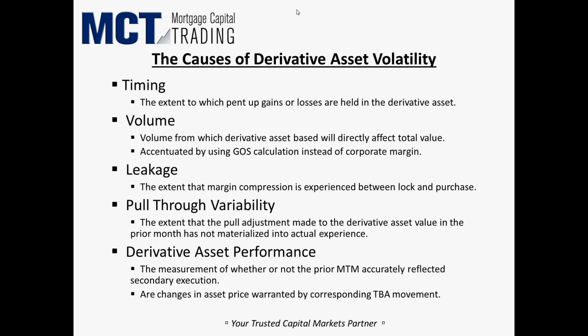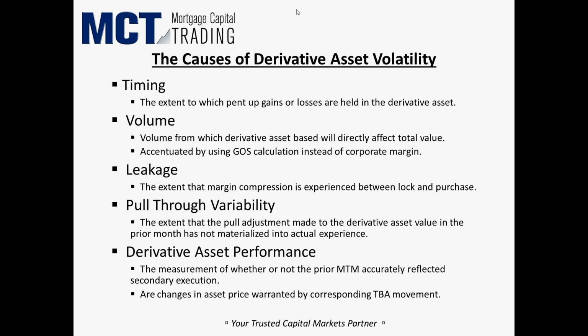The bottom line is that this was a serious question in the months of May and June of last year. Looking at these 5 issues, if we talk about June month-over-month profitability, where a lot of people saw a big derivative asset move, the number one issue was volume.